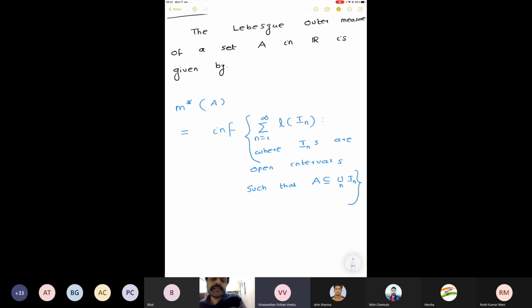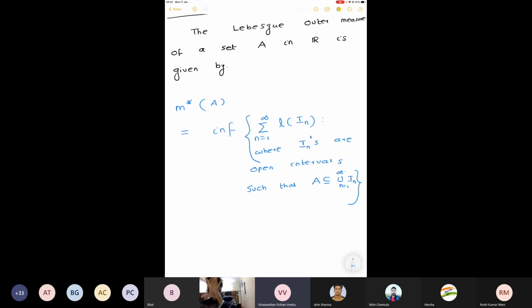Infimum of the summation of L of I_n, where I_n are open intervals such that A is contained in the union of I_n. I would call it a cover. Okay. So for each set of reals, I should consider a countable collection I_n of open intervals that covers this set.